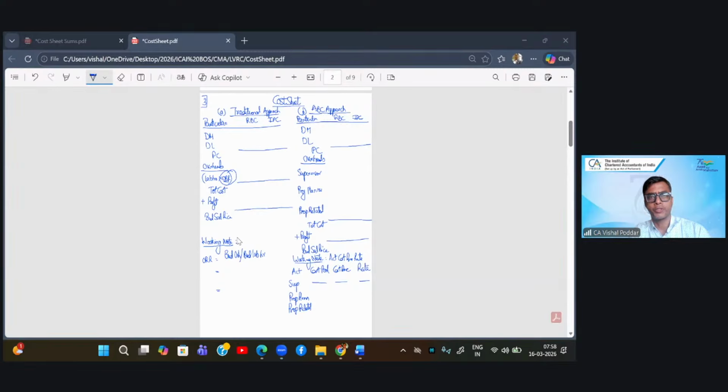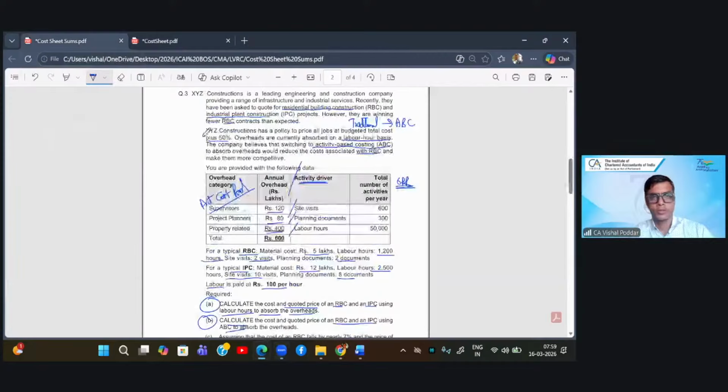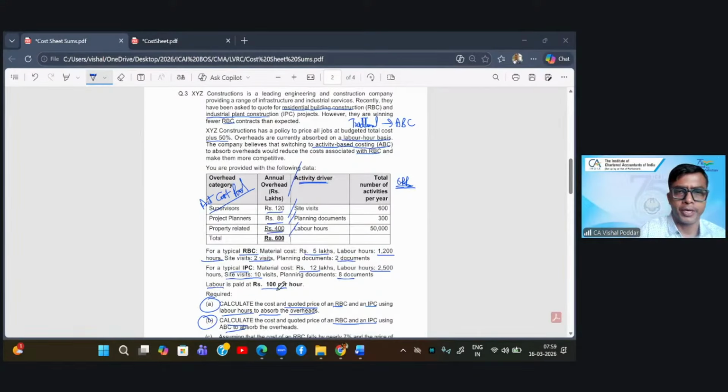Found it, Pooja, the wage rate in the question? See, I'll show you. Labor is paid at the rate of how much? 100 per hour. So they have given you the wage rate, right?